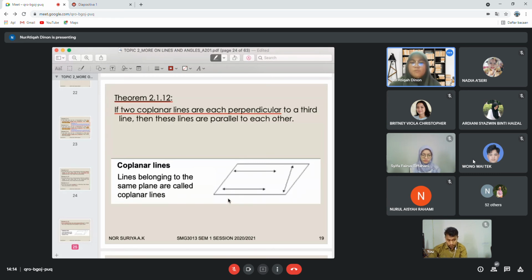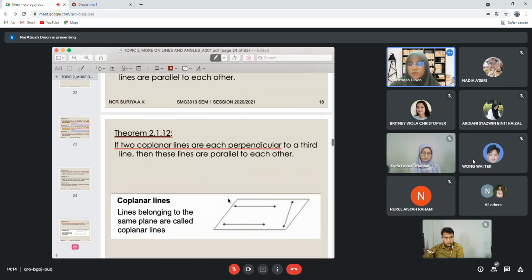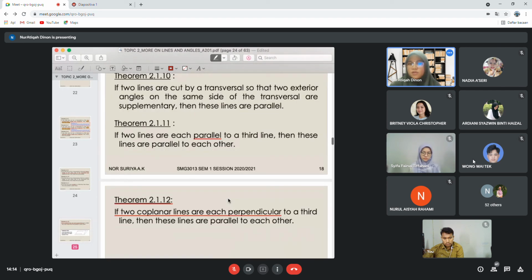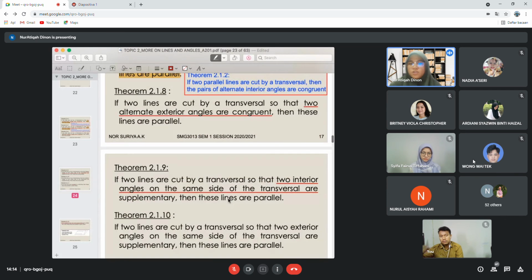Remember that we have the first 4 theorems, including the first postulate here, where we establish the angle relationships given that the 2 lines are parallel. Then just now we discussed the fifth theorem, which is the reverse statement of the previous one, where we establish the lines are parallel given the relationship of the angles.